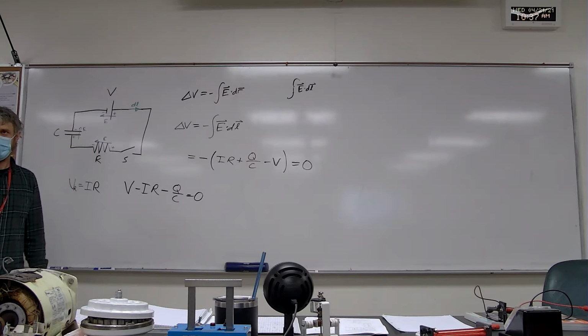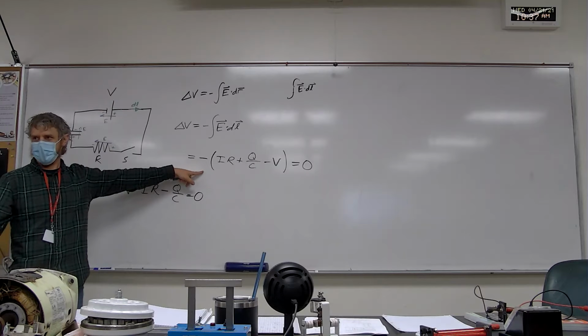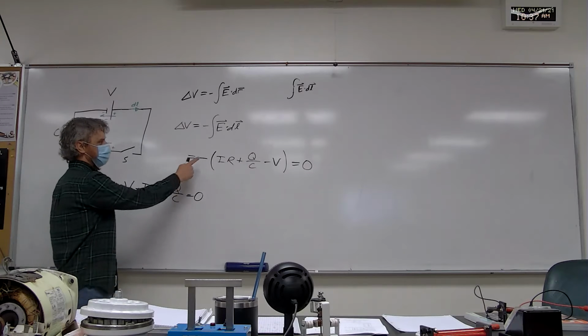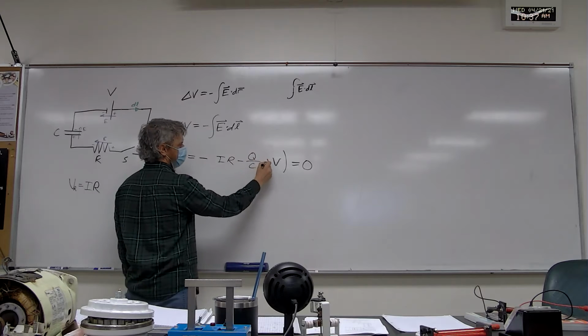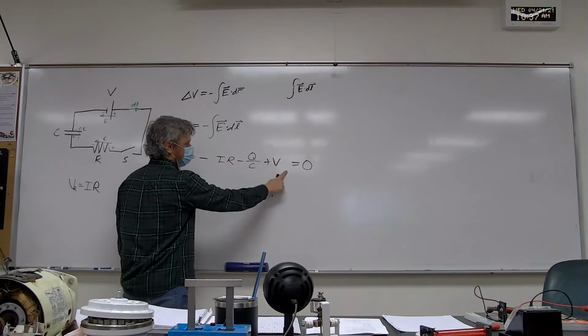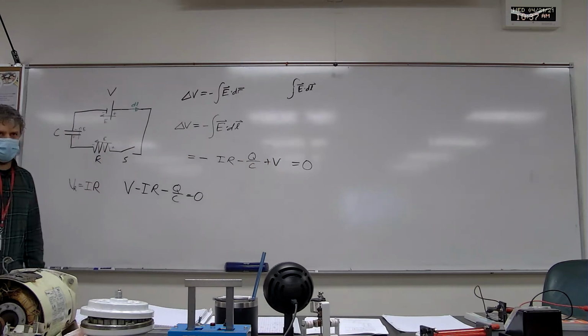Right? Who would have thought? So this is literally the same thing. We can see that, yes. If I distribute the negative over, I have negative IR minus Q over C plus V equals 0. Same thing. Okay? Does that make sense?